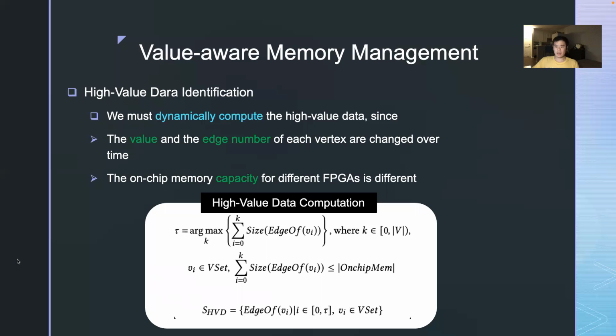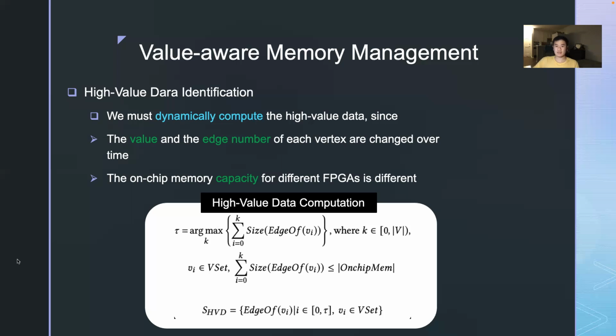Since the value and the edge number of each vertex change over time, and the on-chip memory capacity differs across FPGAs, they must dynamically compute the high-value data. Here, edge(v) indicates the edges of v, size(S) represents the total memory size of set S, and |V| is the number of vertices.